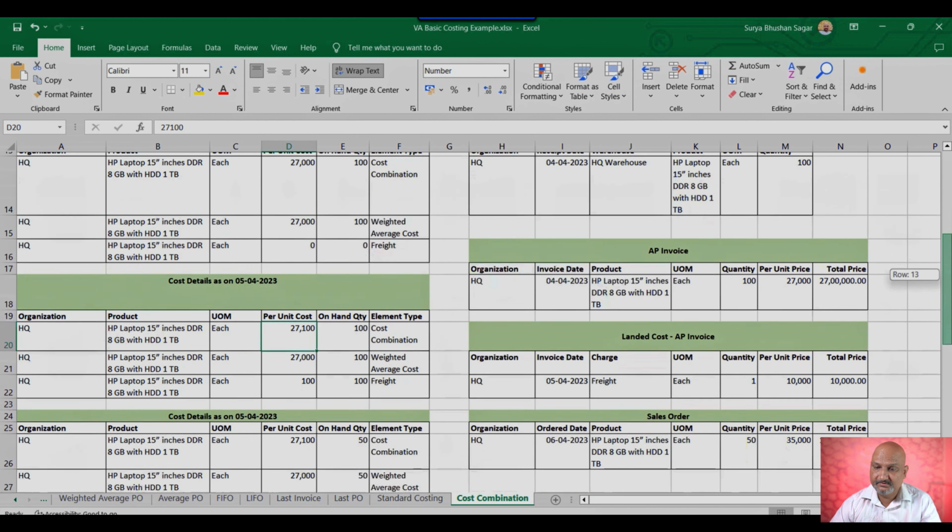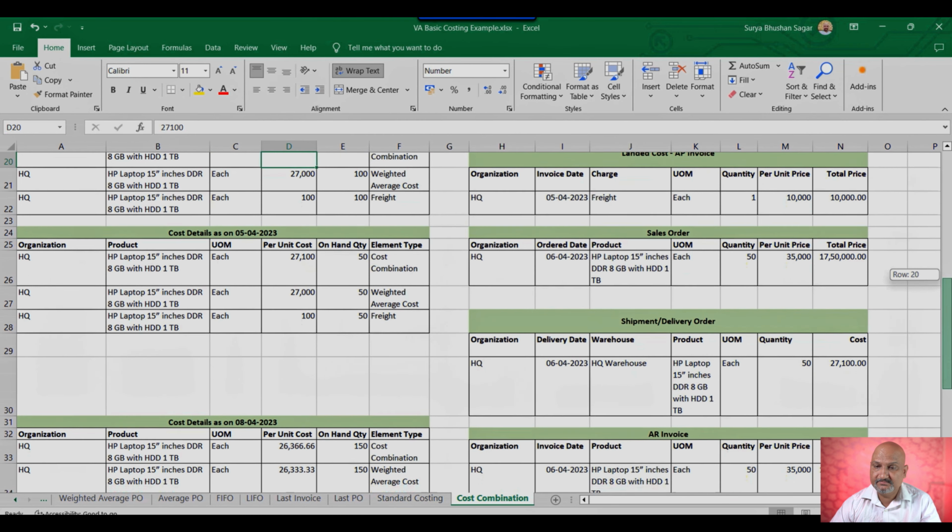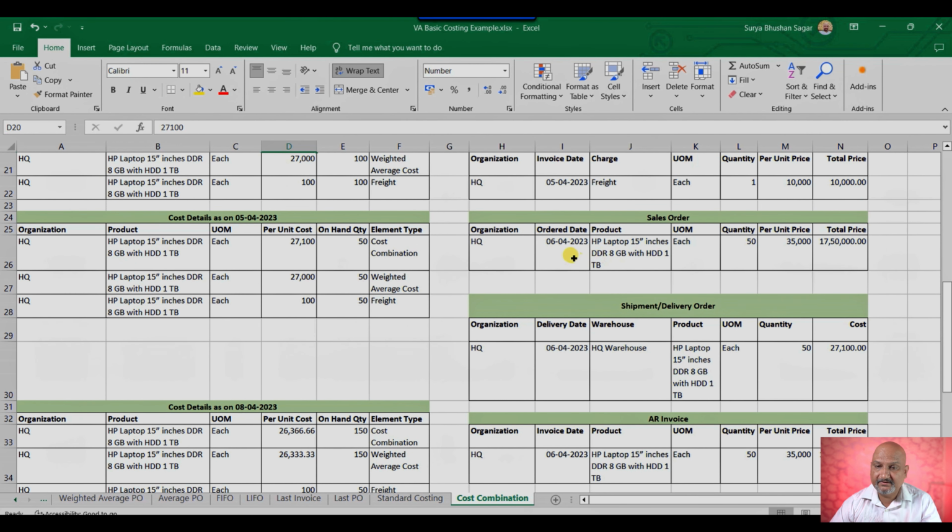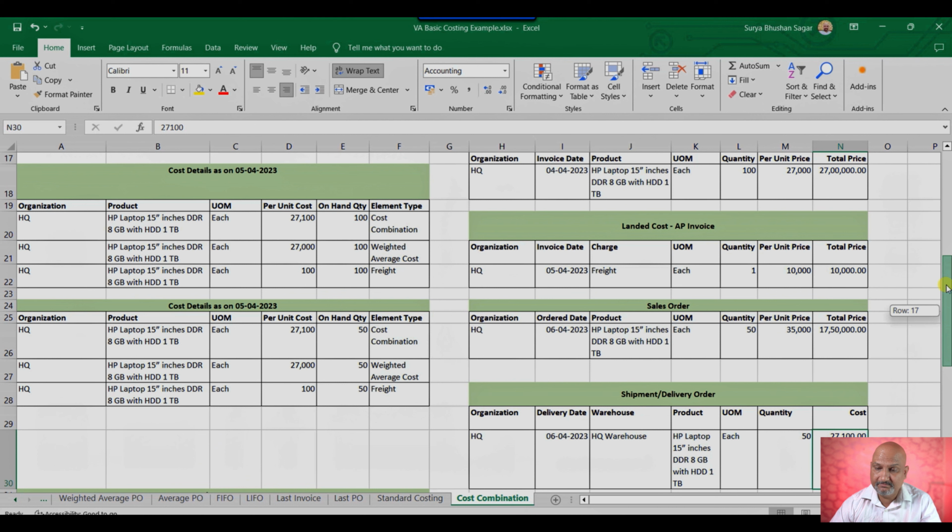Now assume that you are selling this item, and there is a sales order that we received on the 6th of April, and we need to sell 50. We have kept our margin, and thereafter we are selling at a per unit price of 35,000 to the customer. We did the delivery, and once the material is delivered, it would be delivered with 27,100, and that is the important part I want to emphasize again.